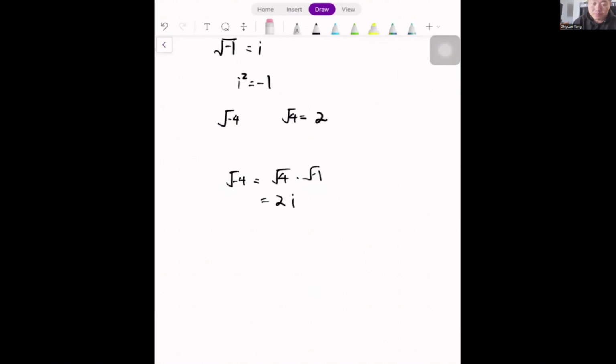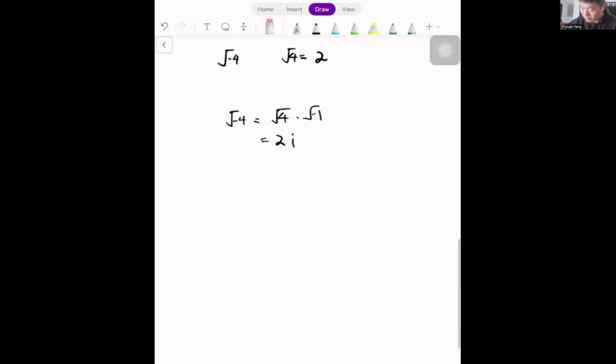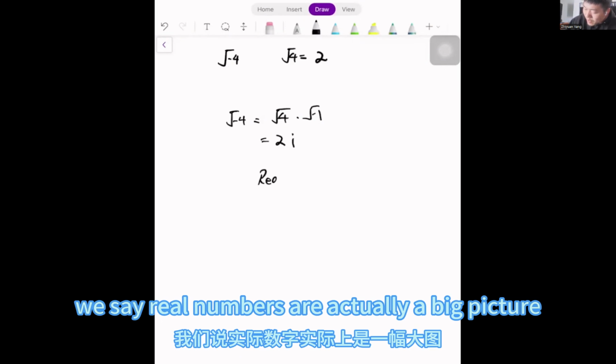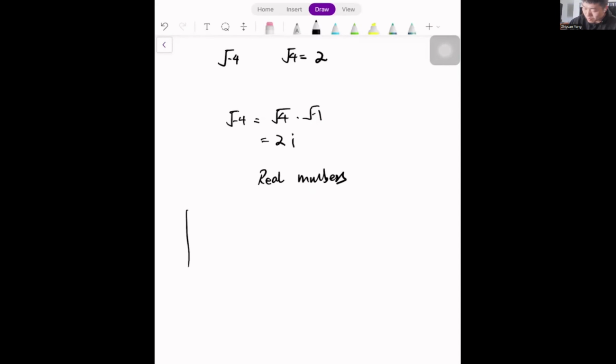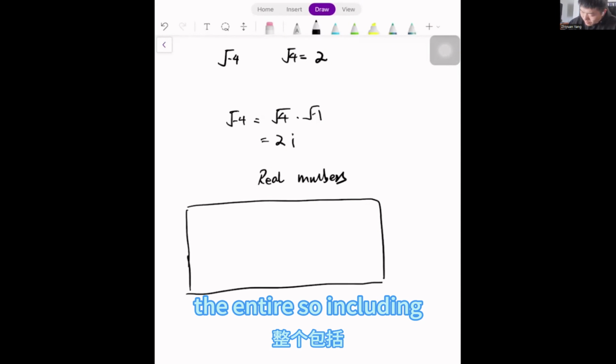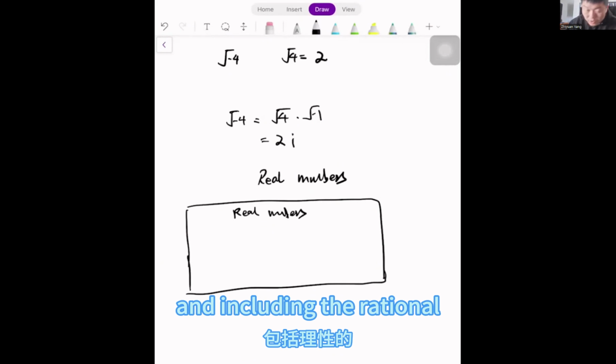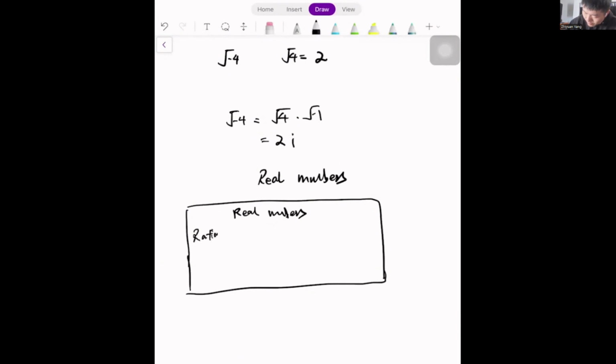I can draw a mathematical relationship of what a real number is. Real numbers are the big picture, including the rational numbers and the irrational numbers.